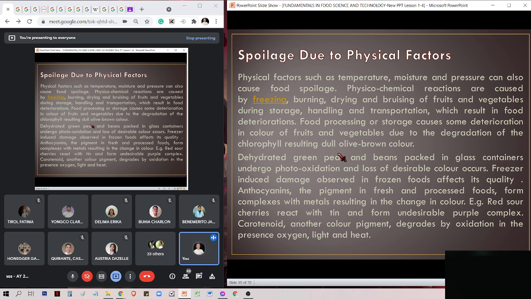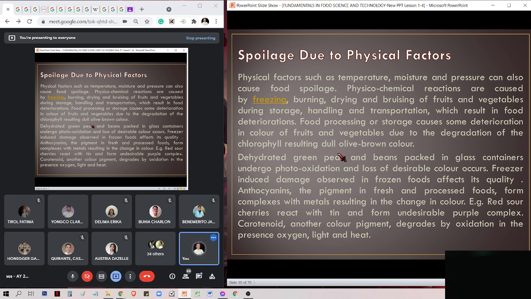That means bacteria can be seen anywhere, and even if you're done with the food processing, it can still be contaminated by bacteria or molds or yeast. It's because even if we're done with the process, there are still natural factors in the environment, biological factors to consider, physical factors to consider.